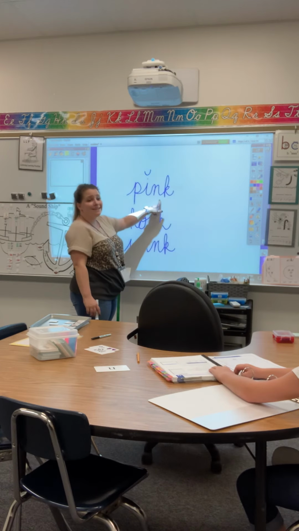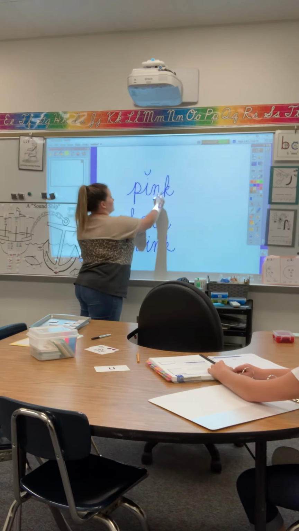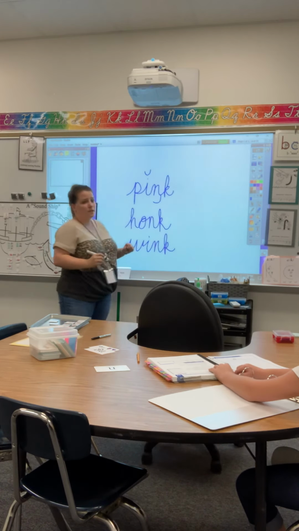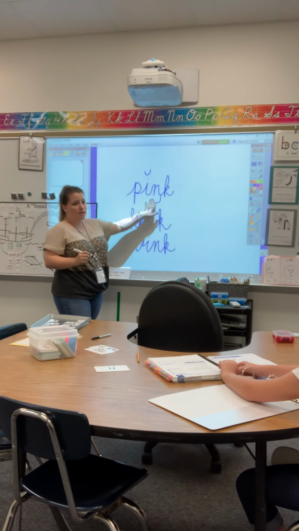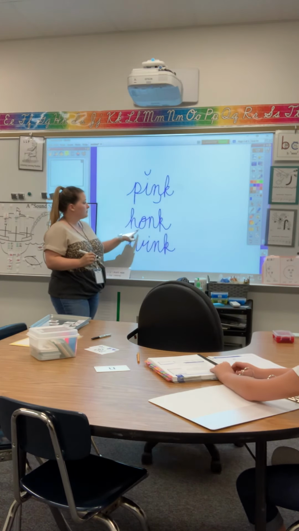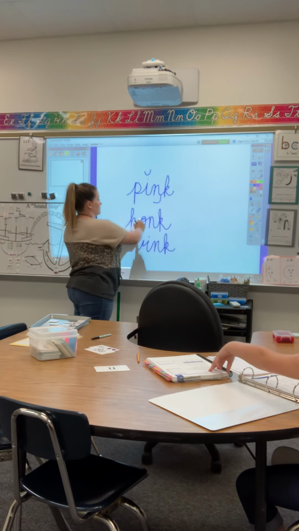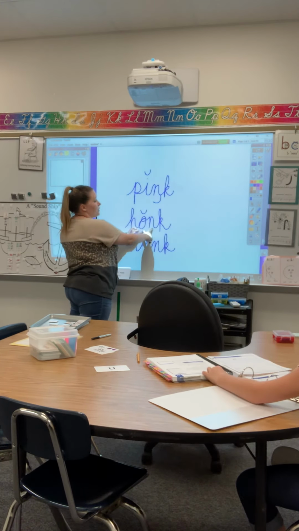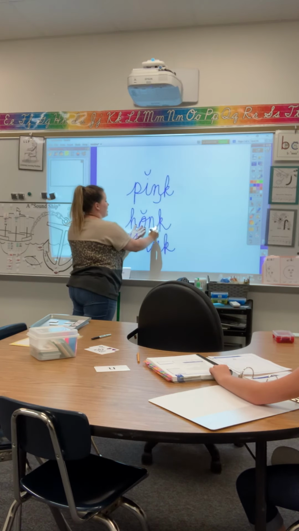So when this N is going to go, we go to the second stick and we curl under. Okay. So same here. Ink, pink. Ready? A vowel. Now we don't have a G, so what do we add? G curl. Okay.